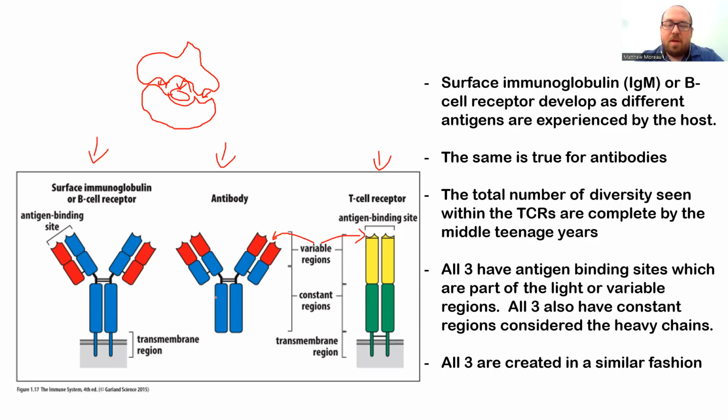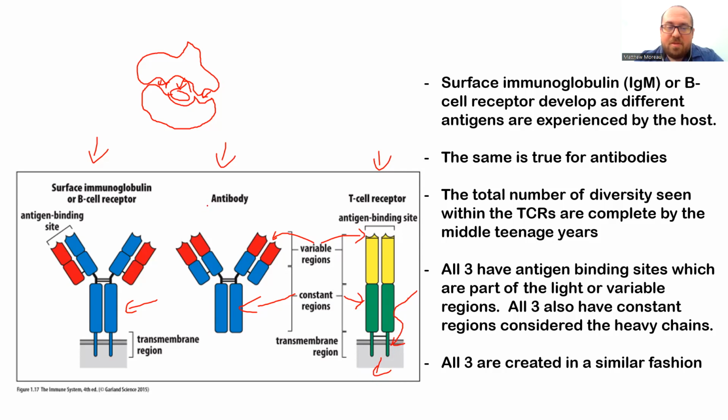There's also a region called the constant region, and these are more cytoplasmic, or facing away from the binding site of these molecules, and they exist for two different reasons. The first reason, for T cells, is that the constant region is what binds the T cell receptor into the membrane and allows for subsequent signal transduction in order to activate the T cell.